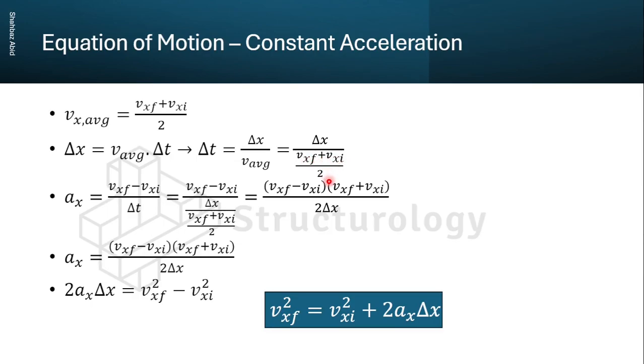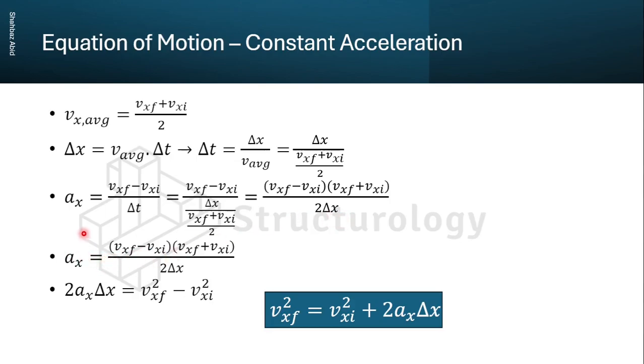We know again that the acceleration is the slope of the velocity versus time graph, which is basically final velocity minus the initial velocity divided by delta t. So now if I substitute delta t in this equation and I rearrange it, I'm going to get in brackets final velocity minus initial velocity times in brackets final velocity plus initial velocity divided by 2 times delta x.